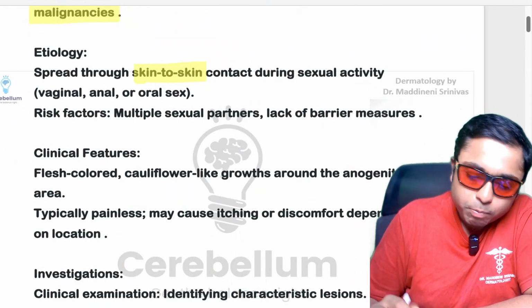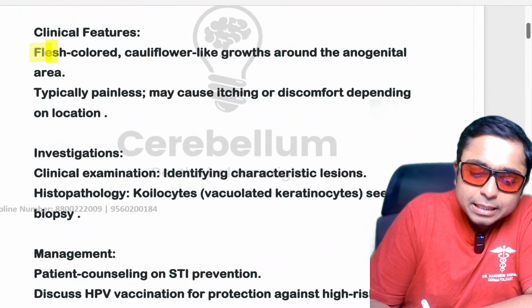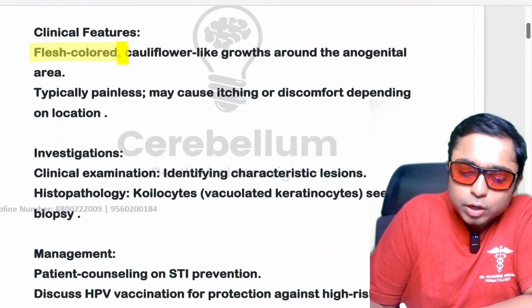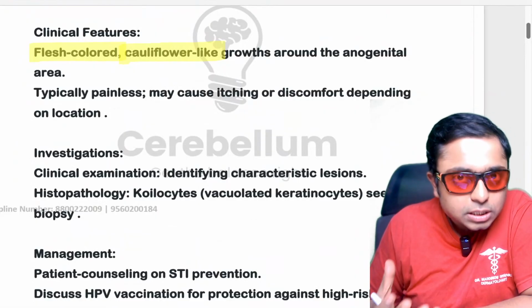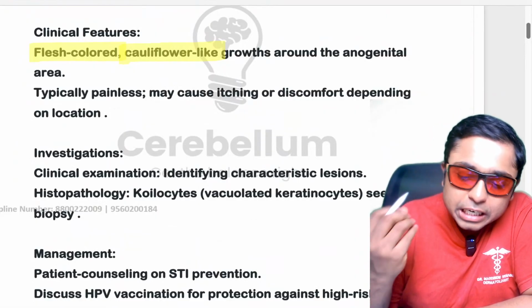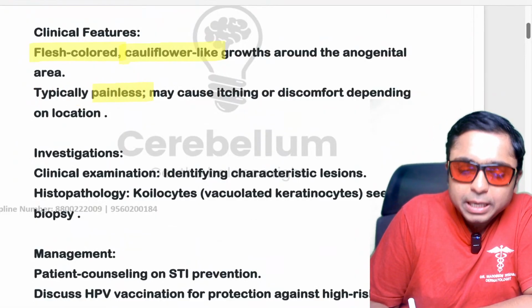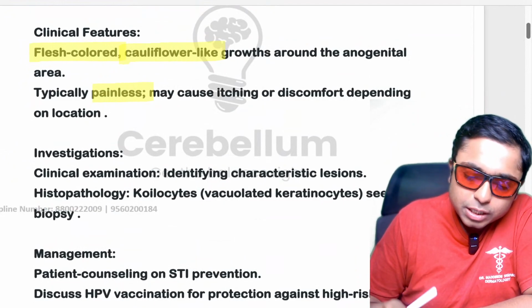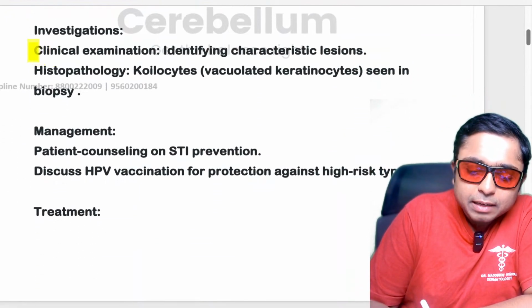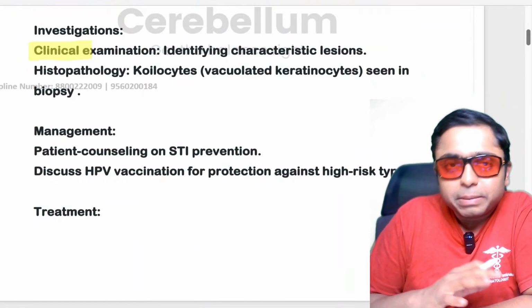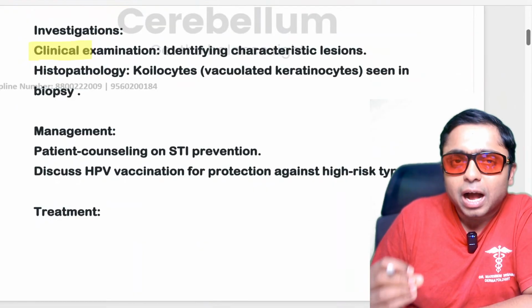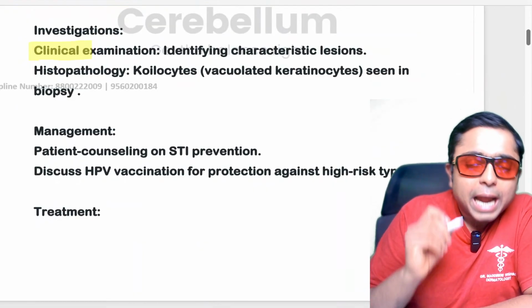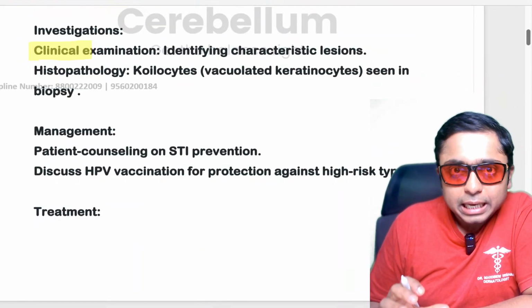Okay, very important point. And clinically the lesions are going to be flesh colored cauliflower like growths which will have a rough surface or verrucous surface in the anogenital area, and these are typically painless and maybe slight itching or discomfort may be there, but otherwise it is a completely normal condition where the patient will not feel anything apart from some growths, and it is mainly a diagnosis of clinical features.